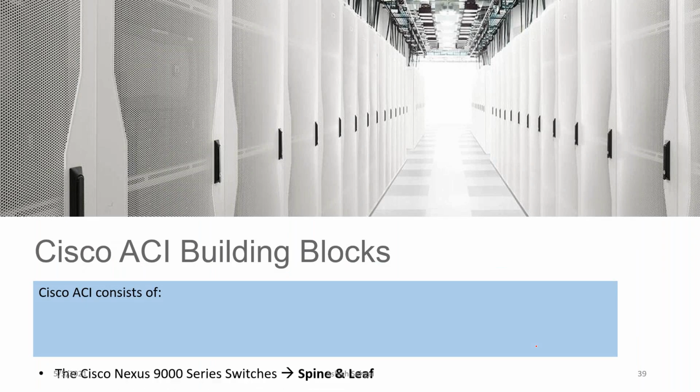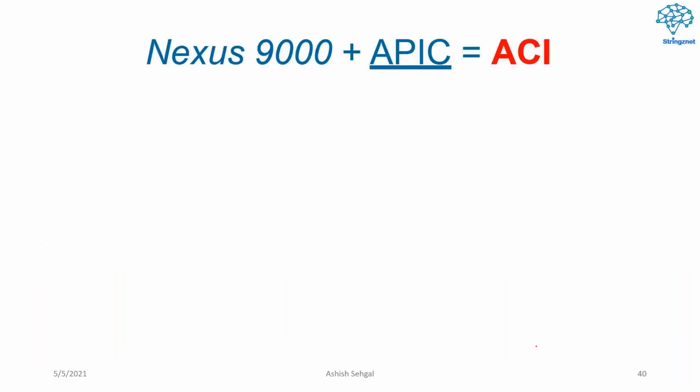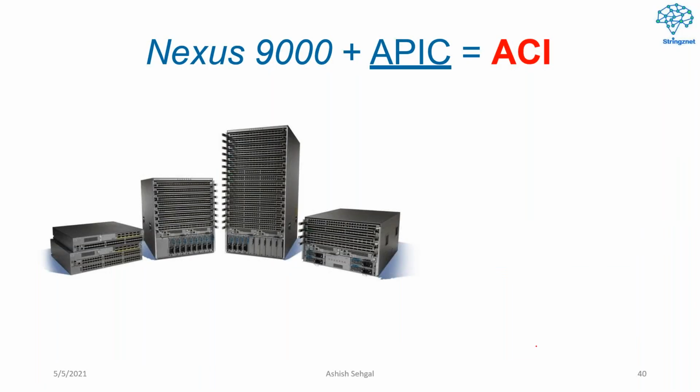Now, ACI building blocks. As I just told you, the main devices forming this particular fabric, number one, switches. Which switches? Only Nexus 9000 series switches.